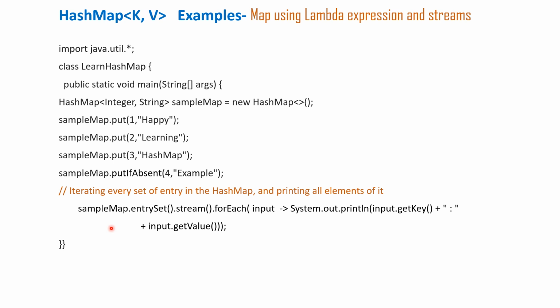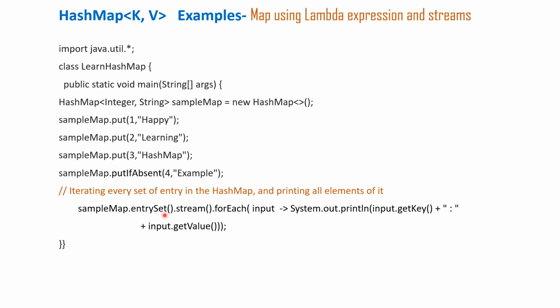So sample map dot entrySet is the method. If you type a dot on the HashMap object in whatever IDE you are using, it will show all the possible inbuilt methods. So you can play around in the beginning, to understand better what each method is doing.